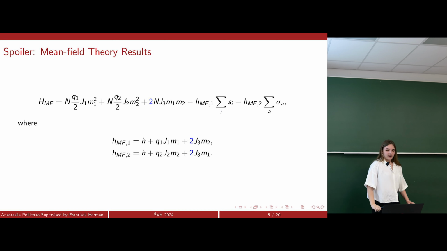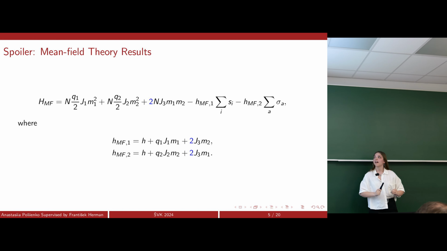So, let's look at the mean field theory results. We did the calculations and noted that compared to the ladder model, where there are such couplings, we have a factor of 2 near the J3 coupling. How can we explain it?